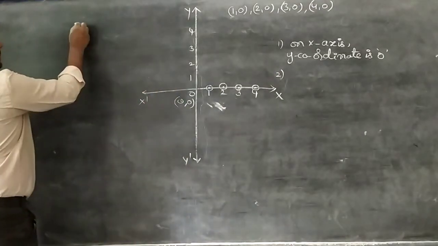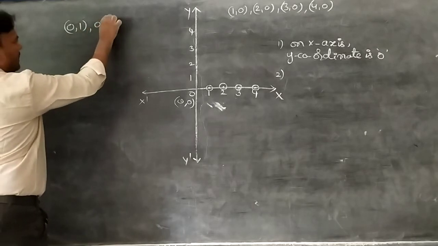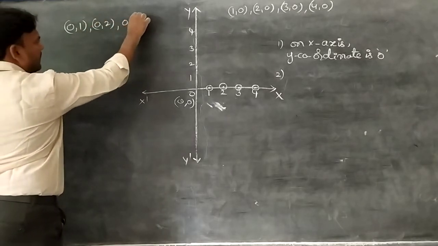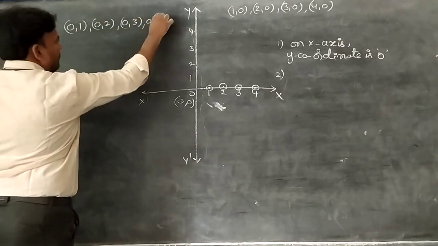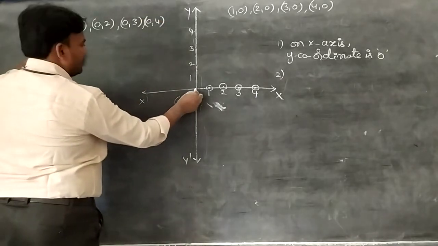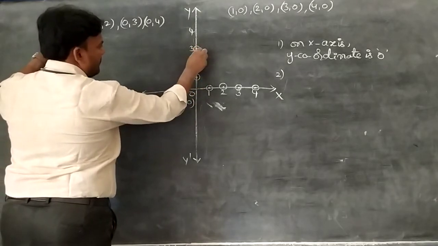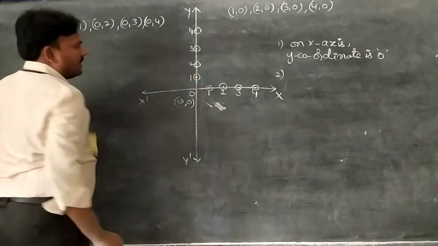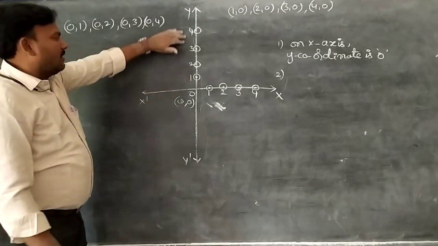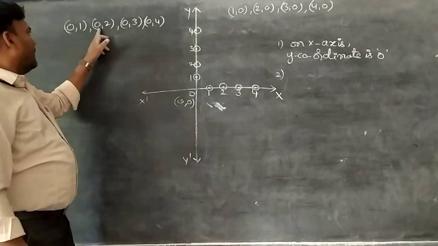Okay, and comes to the second point. Yes, I take here reversely (0, 1), (0, 2), next (0, 3) and (0, 4). Plotting the points also. X value 0. So all the points lie on the y-axis. So on the y-axis, what about the x-coordinate?